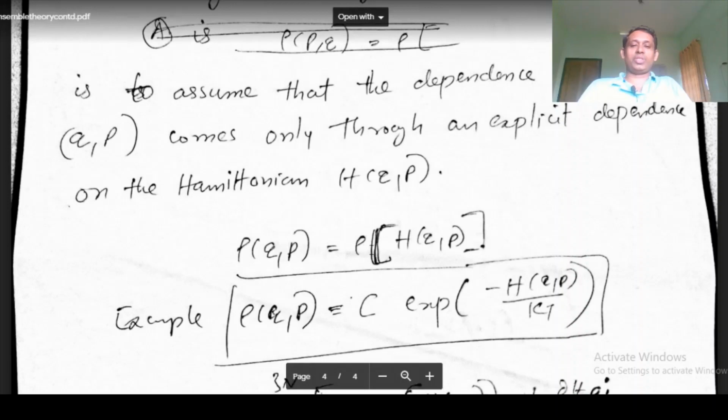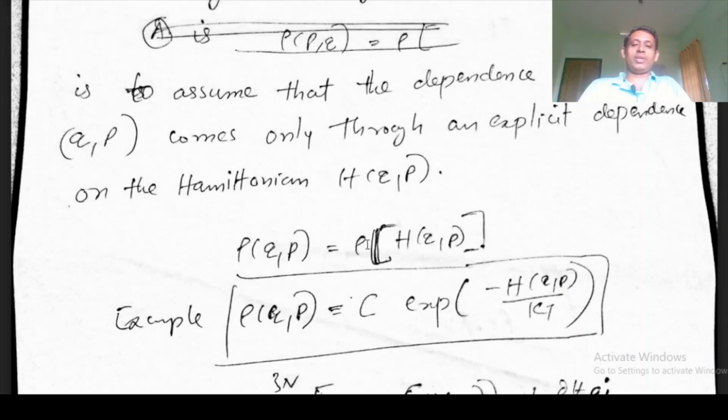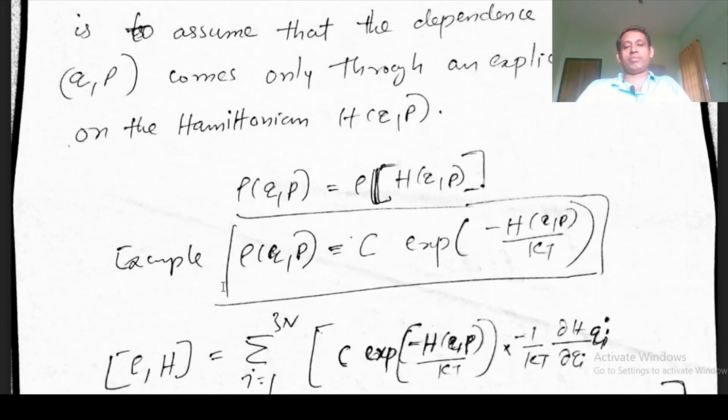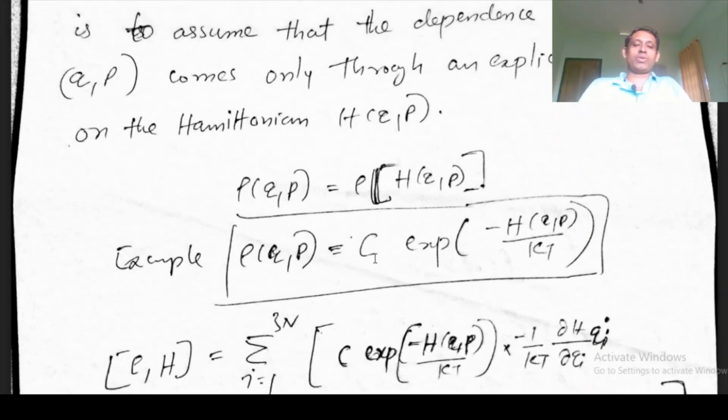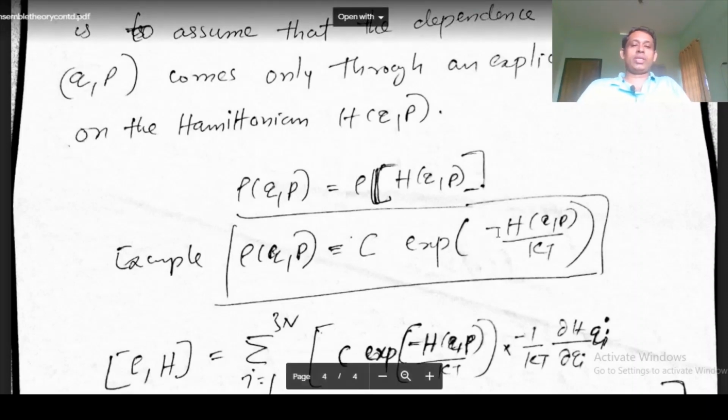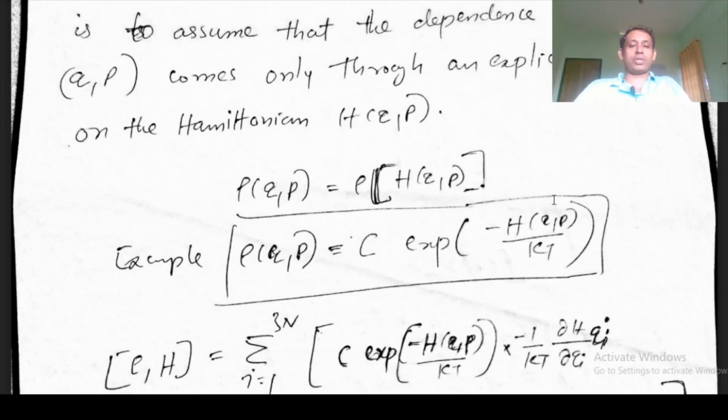For example, rho of QP equal to a constant times exponential of minus H(Q,P) over kT. So rho now depends on H, the Hamiltonian, directly, and indirectly on Q and P.